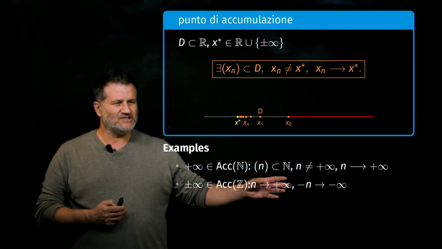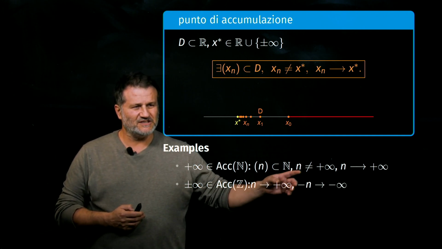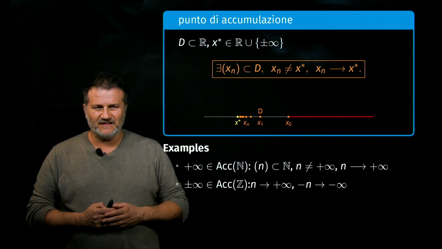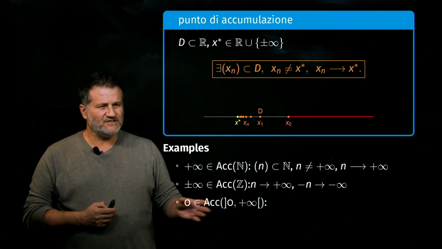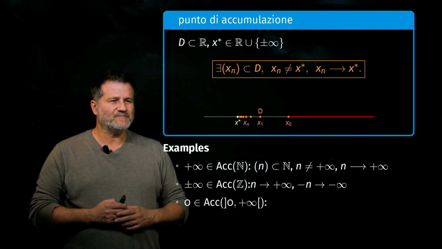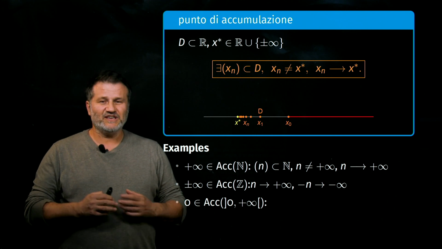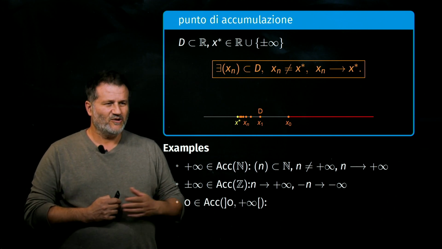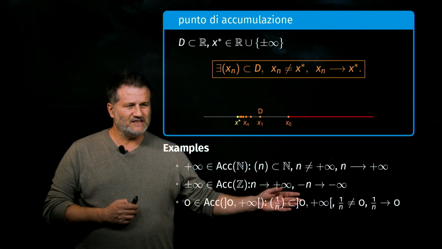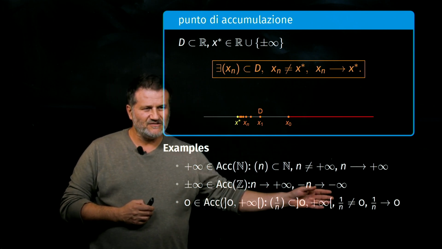In this case, it is sufficient to consider also the sequence of the opposite of natural numbers, and they go to minus infinity. In this third example, we have the set of strictly positive real numbers, and we show that 0 is an accumulation point. We just take the sequence of fractions 1 over n. They are positive, they are different from 0, they go to 0.